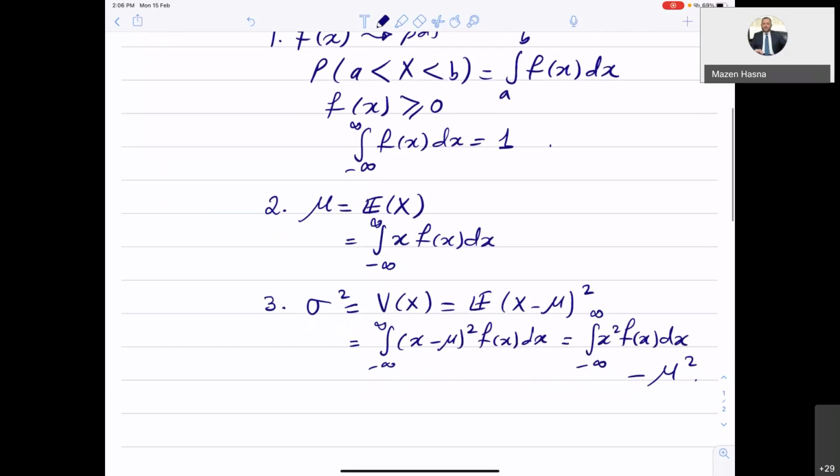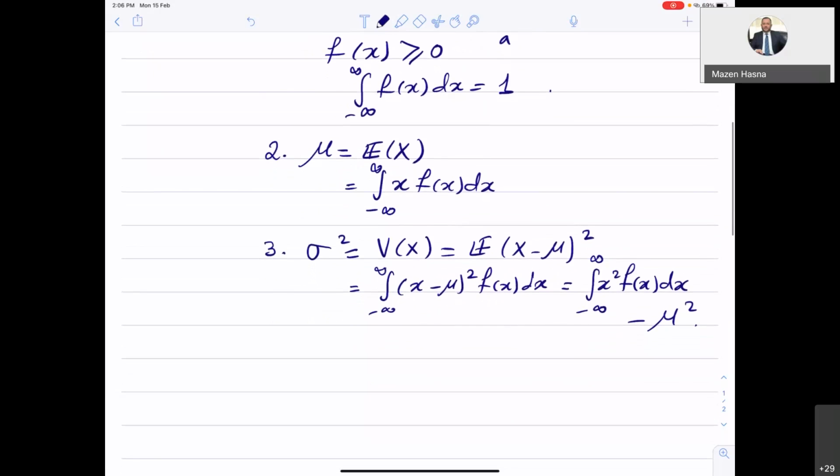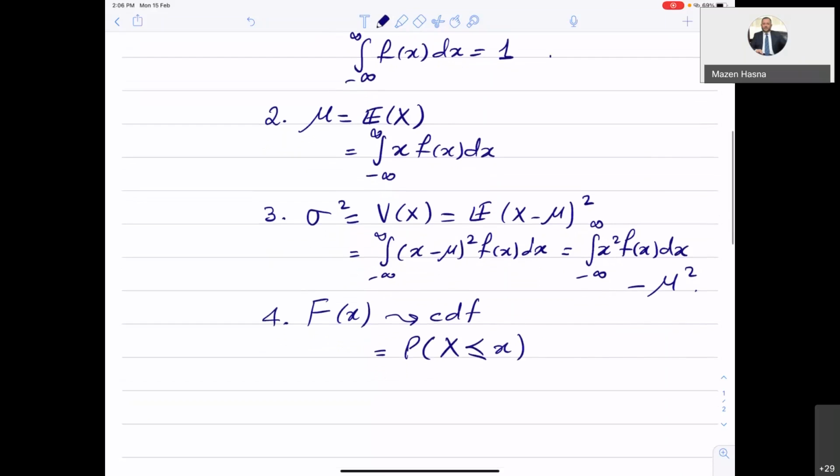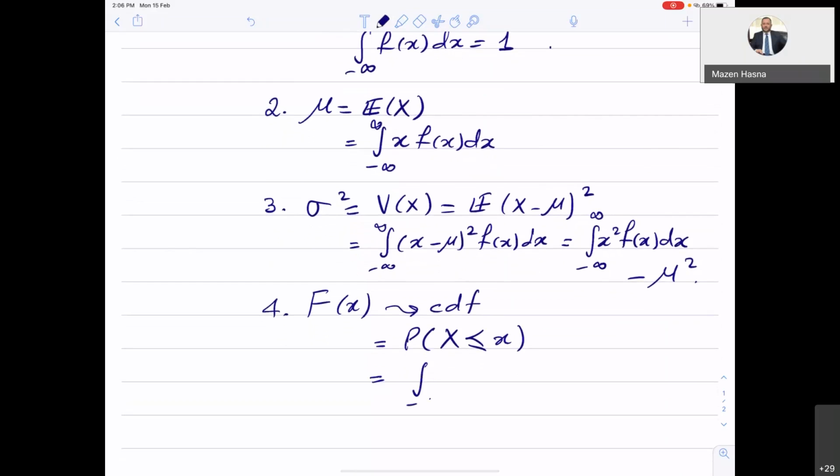Finally, capital F of x, or the CDF, cumulative distribution function, and it's defined exactly in the same way as in the discrete domain, but in this case the way we calculate it is different. We use an integration instead of a summation.